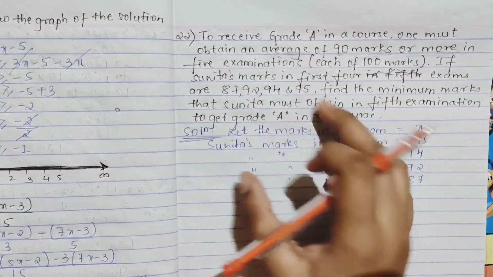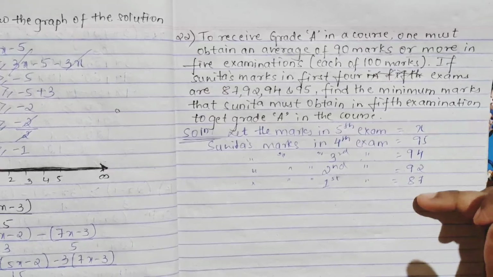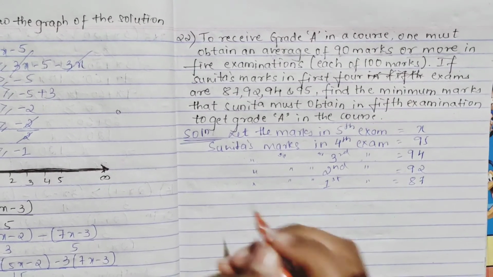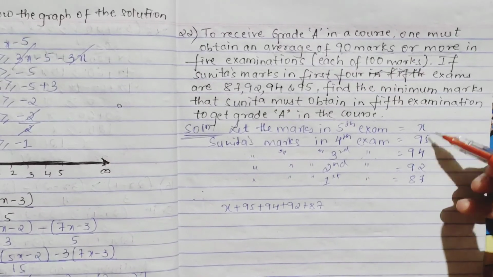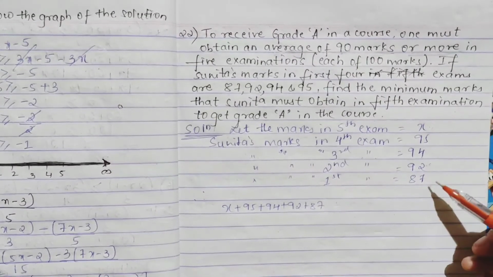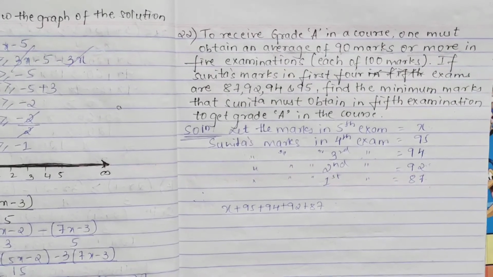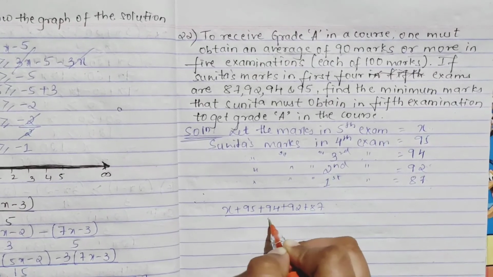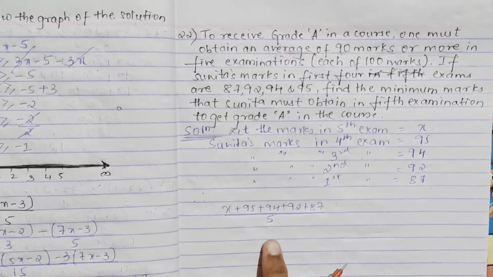obtain an average, means average marks. What do you have to do to find the average? You have to add these. Average means adding, right? So x plus 95 plus 94 plus 92 plus 87 divided by 5.